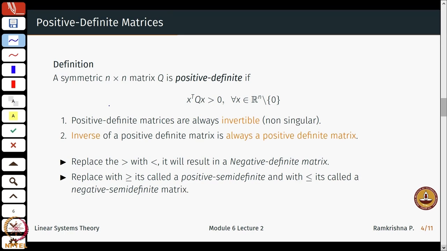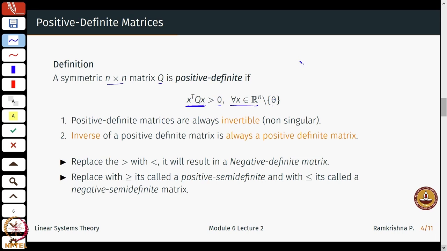Okay, what is the definition? Take an n cross n matrix Q. It is positive definite if x transpose Q x is greater than 0 for all x except the origin, or except the 0 vector. Now, how do I test if the matrix is positive definite or not? Well, if I go by the definition, I may have to check all possible vectors in R^n and verify this condition that x transpose Q x should be greater than 0.